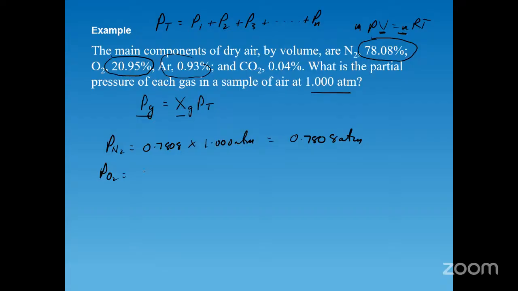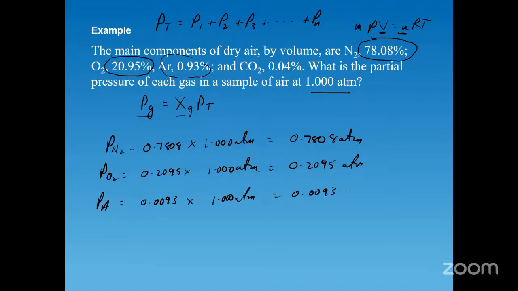We do a similar calculation for the next gas, which is oxygen. That would be 0.2095 multiplied again by 1.00 atmospheres, equal to 0.2095 atmospheres. Then for argon, that would be 0.0093 times, again, 1.000 atmospheres, and this would be rounded off, so that would be 0.0093 atmospheres.